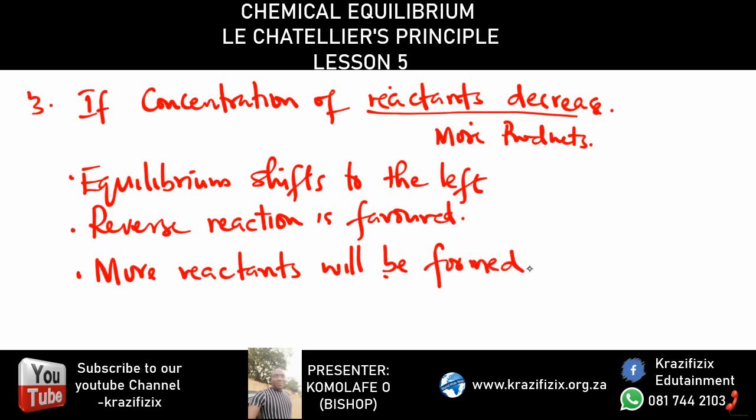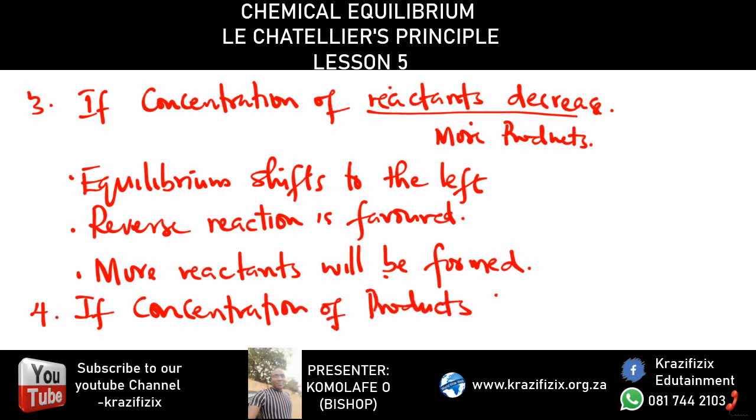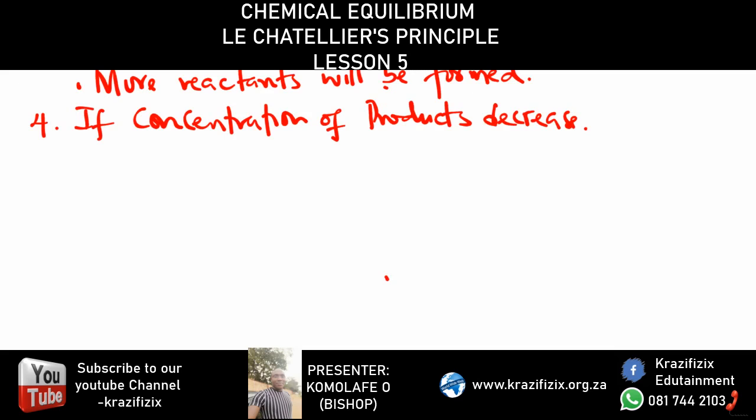And basically, if we were to do number 4, I'm sure you can fill up the gap now. Number 4. If the concentration of products decreases, this takes us back to the first one that we discussed. What happens? Equilibrium shifts where?